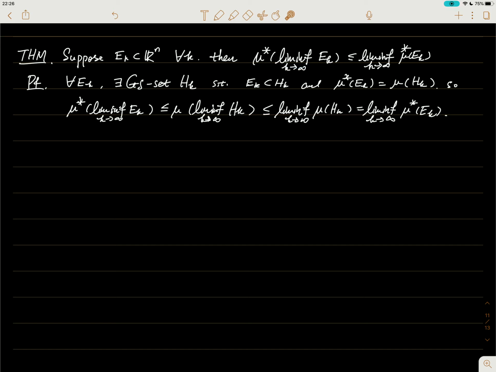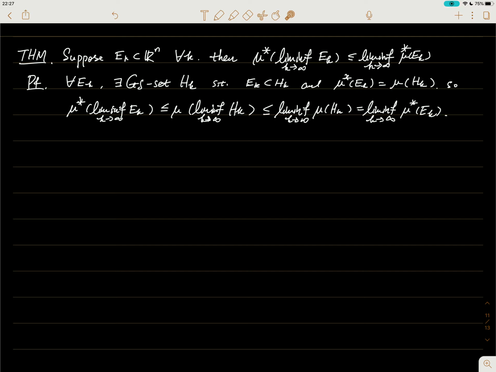Okay, and the proof of this is just based on using the previous theorem, because for each of these E_k, we know there exists a G delta set, we call it H_k, such that this H_k contains E_k. At the same time, the H_k has the same measure as the outer measure of E_k.